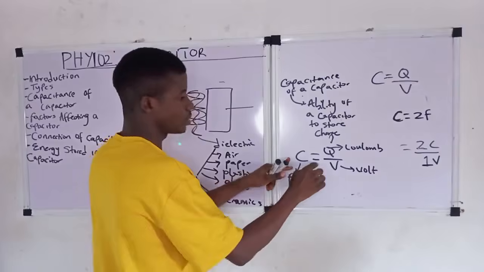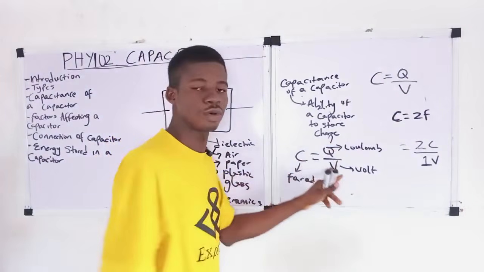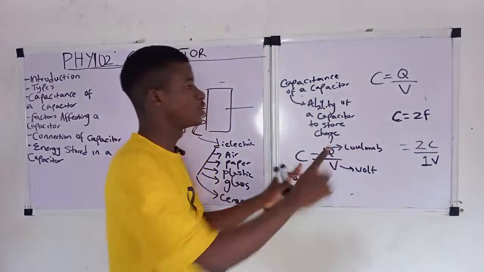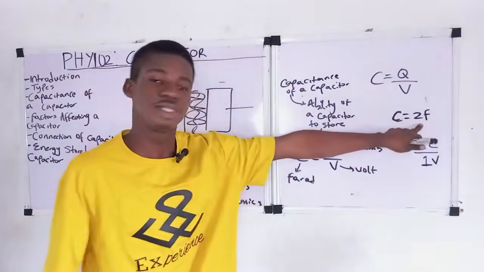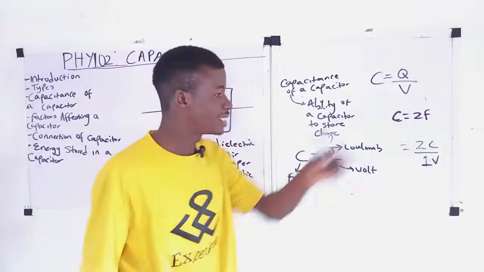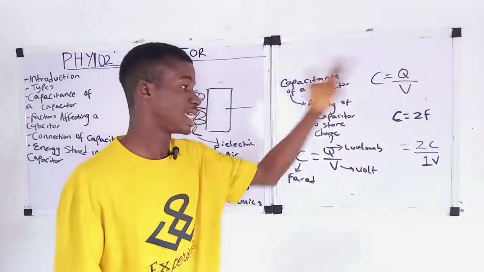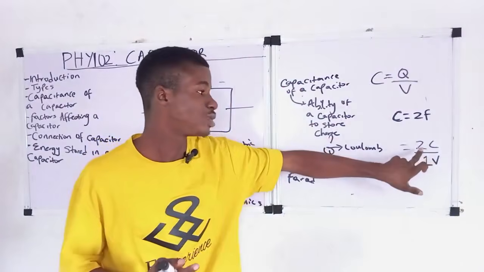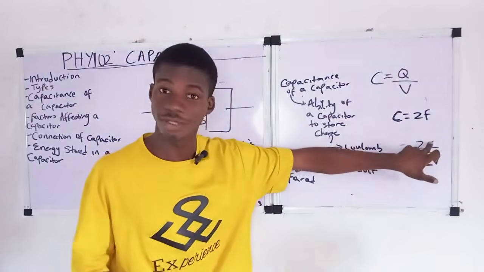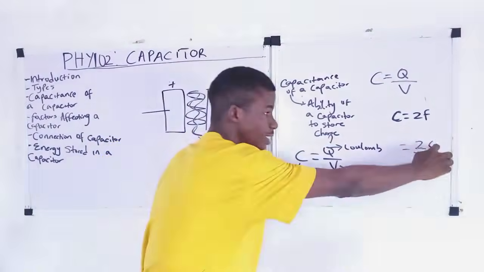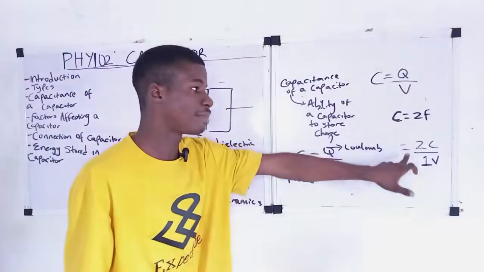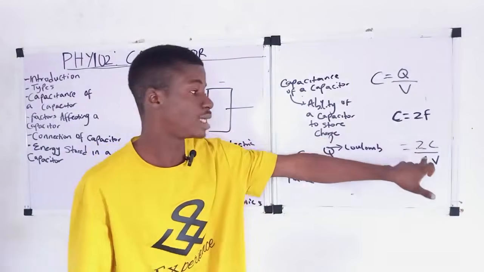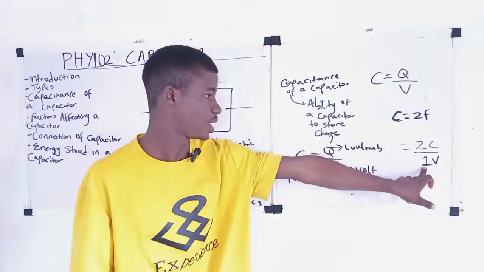Remember, capacitance is equal to charge over voltage. Here C is coulombs and V is volts. So the capacitor was able to store 2 coulombs of charge in one volt.